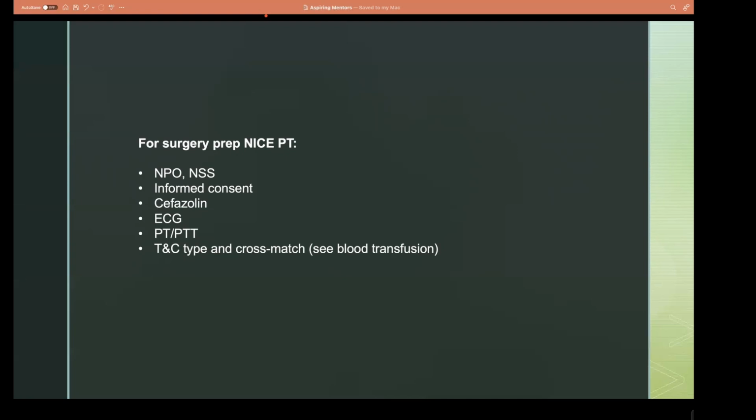You will say consult surgery, and now you will get the other answer: okay, prepare for surgery, we will shift the patient. Now you have to prepare for surgery. How will you prepare for surgery? You will do these things. You will keep the patient NPO, take consent, sulfazole and ECG, PT, PTT, and if blood is required, you need to write it. At that point, this is important.